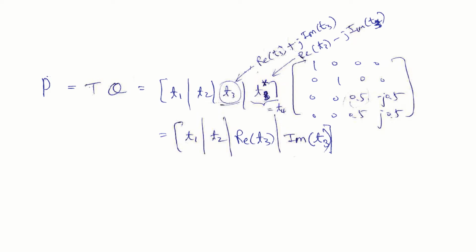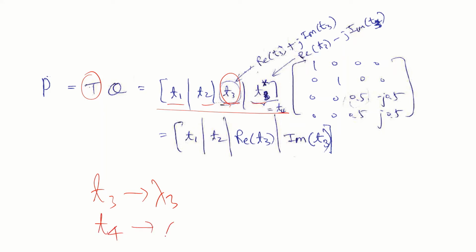Remember T was the set of all the eigenvectors. So you have T1, T2, T3, T4, but T3 corresponds to lambda 3, and T4 corresponds to lambda 4, and this lambda 4 is the complex conjugate of lambda 3.